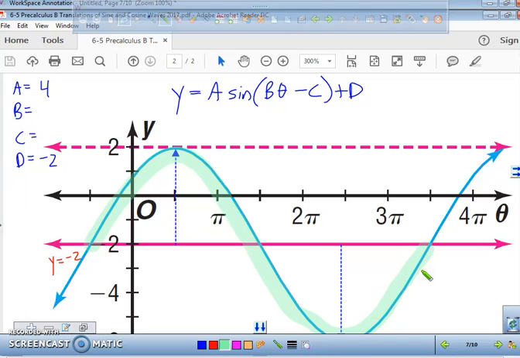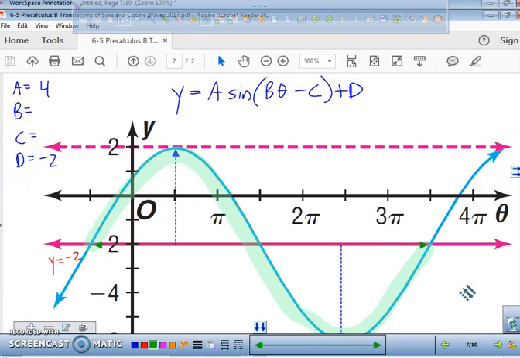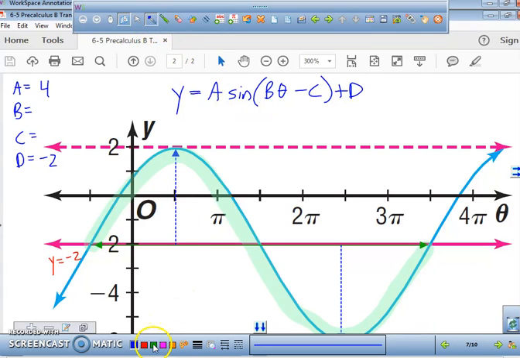Everybody see that? I need you to understand that from here all the way to there, that distance is what's known as the period. So let's figure out how long that period is. From right here to right here, that's the period. Let's check.